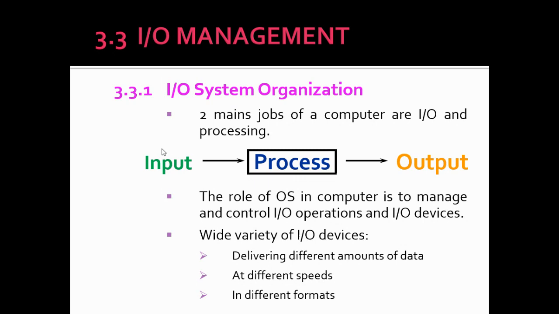It will look into three different categories. One, it will look at the amount of data coming in, the different amounts of data, at what speed it is coming in, and in what format it's coming. Is it coming in the form of characters? Is it coming in the form of bytes? Is it coming in the form of pictures, and so on and so forth? So that's also looked into.